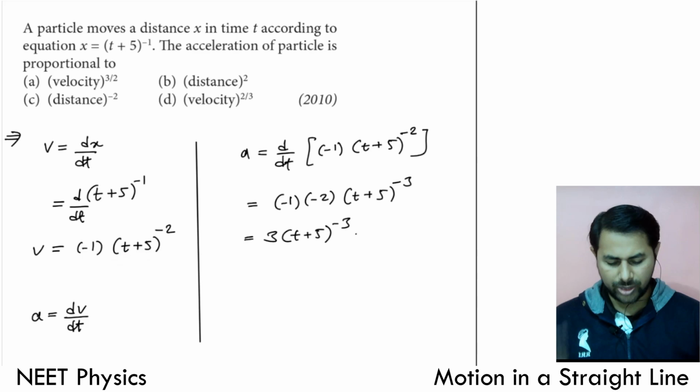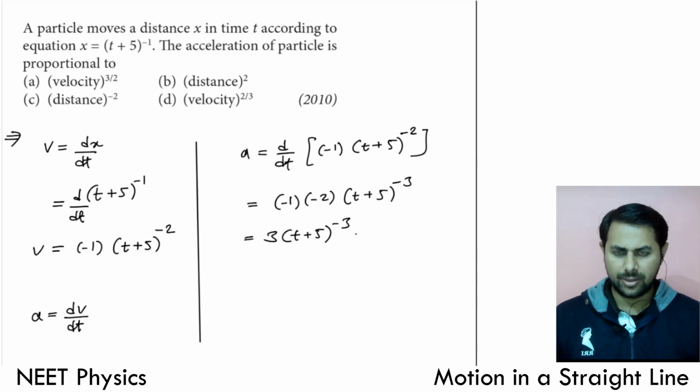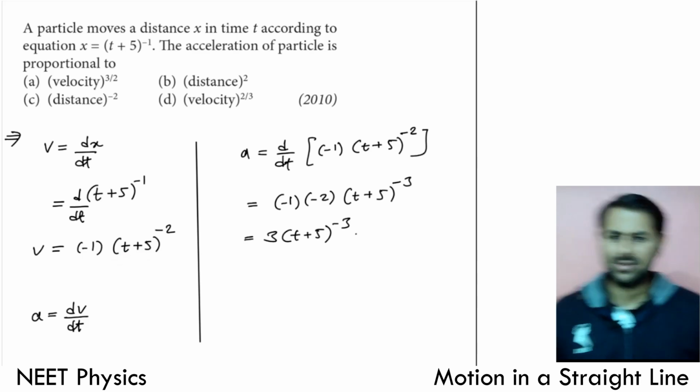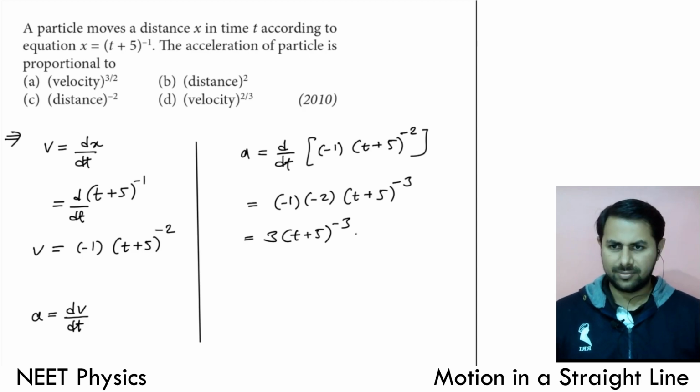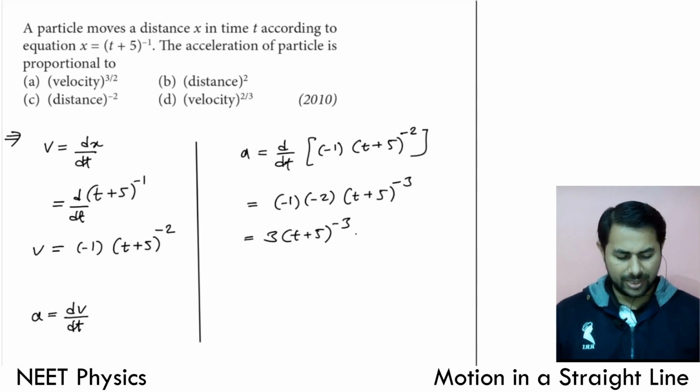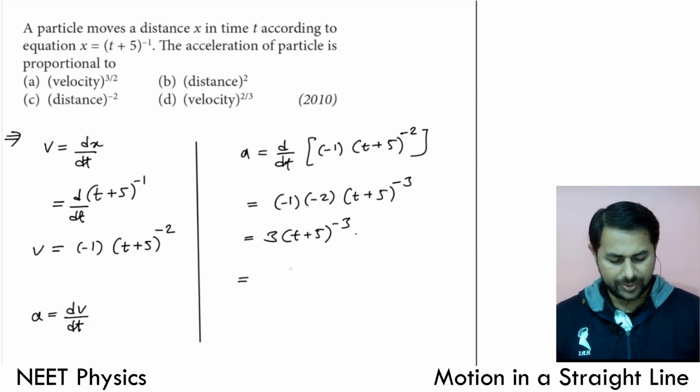Distance is proportional to t plus 5 raised to minus 1. You said something, Vishalini? Multiplying acceleration power by 2 by 2, sir. Multiplying that, yeah, you can do that. 2 by 2, right?